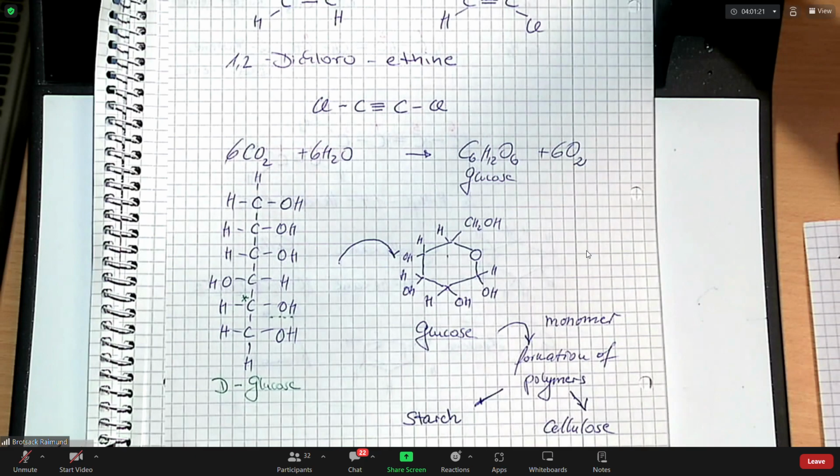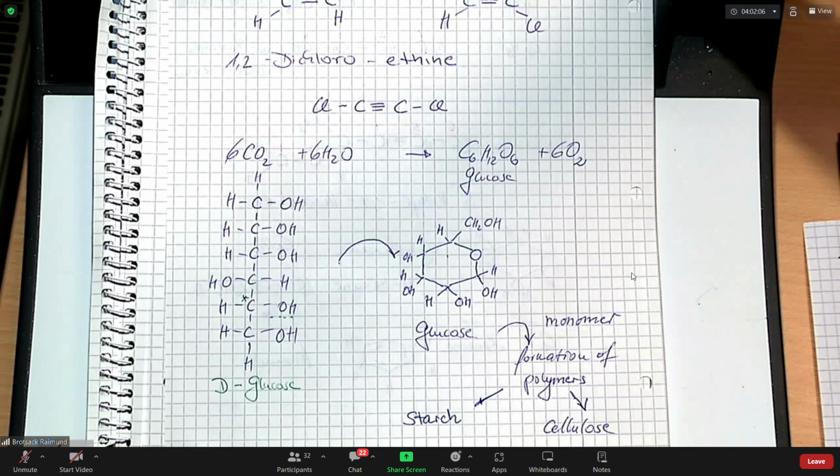We can't eat it. The difference is only whether this OH looks up or down and how it is interconnected. When they are connected like this, it's always going in the same direction, and then you have a helical structure of this linear polymer, that's starch. If you alternate each time, you get a fiber structure, the cellulose fiber.